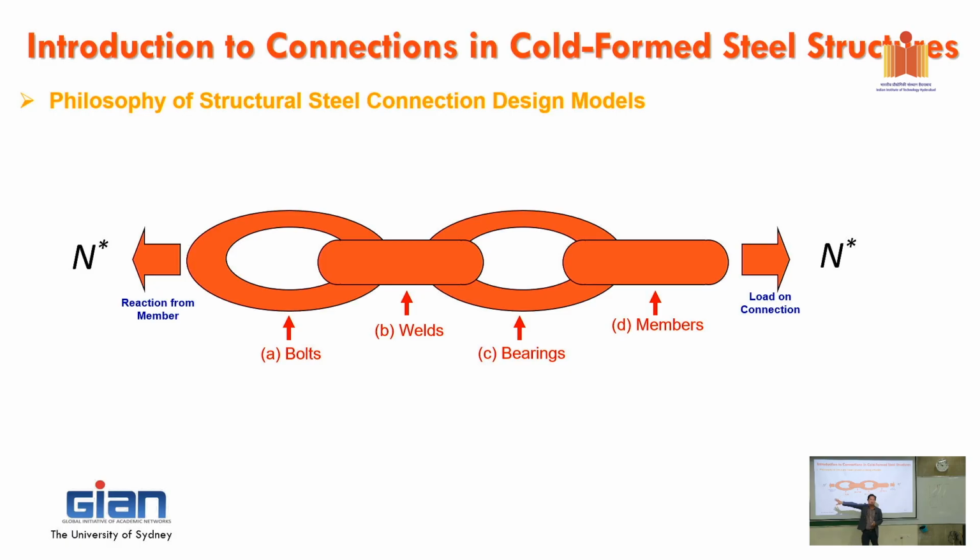They carry a lot of load, but then it fails in bearing. You know, a big bolt in a very thin section, then it's just bearing in the thin section, so there's no point. So we have to optimize that to maximize our connection. Right, so this is the methodology for how to design a connection.